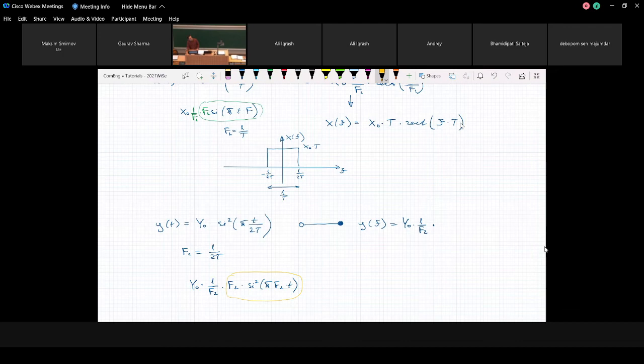It will be a triangular waveform. Triangular, correct, and then we write that it's triangular of f divided by f2. And we can replace back. Instead of f2, we substitute 1 over 2T, and we get our signal as Y0 times T times the triangular function of f times 2T. This is how our signal looks.